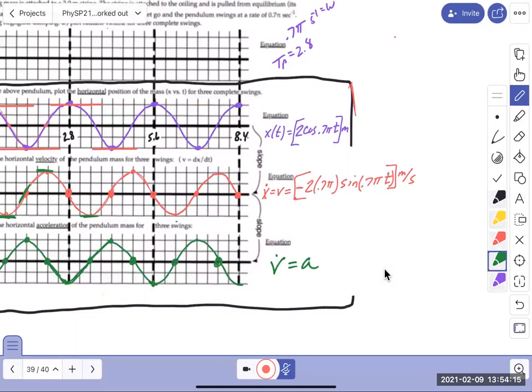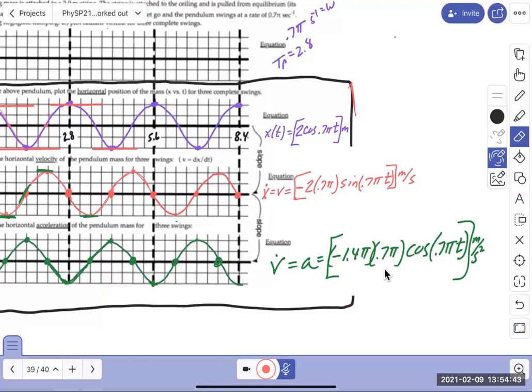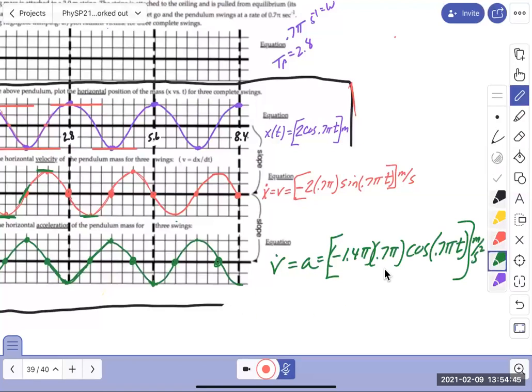So it ends up being A equals negative 1.4 pi times 0.7 pi again, times cosine of 0.7 pi t, meters per second squared. It's a weird universe, isn't it? But this is the way it works. Spitting truth. So that's, I don't know, hold on. What's 1.4 times 0.7?